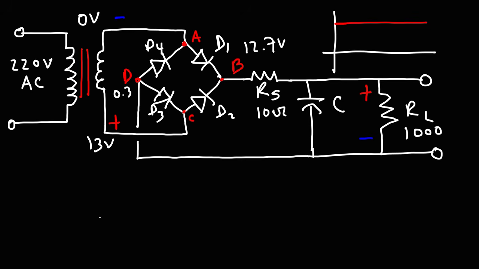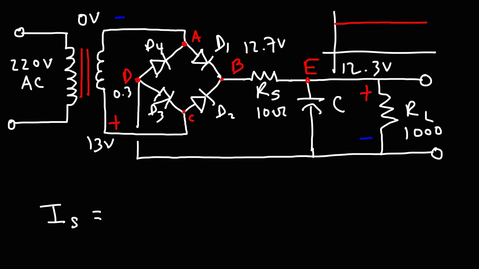Now, to determine the amount of current that will be flowing through the series resistor, you need to find a potential between point B and let's get a new point, point E. Now we want the output voltage to be 12. Right now it's 12.4. So we need point E to be at 12.3 so that the difference between E and D is 12.